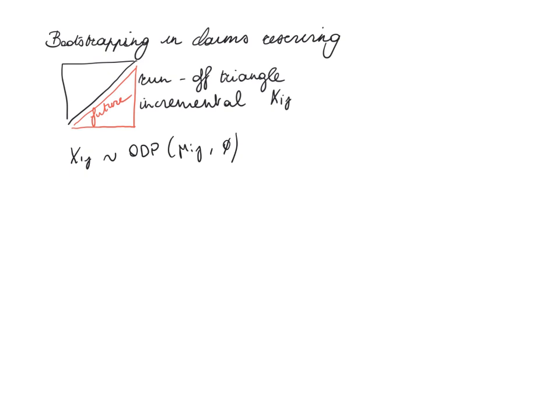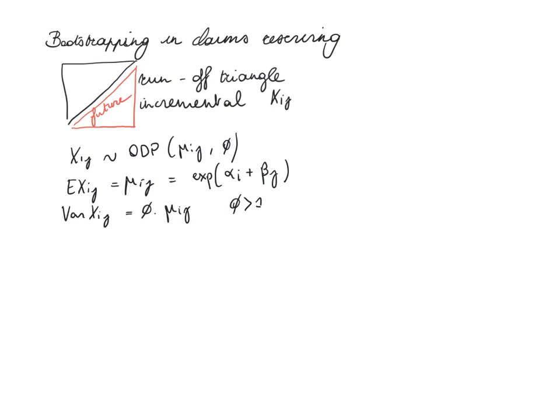That implies that the expected value of our xij is given by mu, typically structured as the exponential of an alpha i parameter plus a beta j parameter, where the alpha i parameters capture trends in the direction of the occurrence years, and the beta j's cover trends or patterns in the development year direction. And for the variance of this xij, because I've got this over-dispersed Poisson, that's phi times mu, where I expect this phi to be above 1.